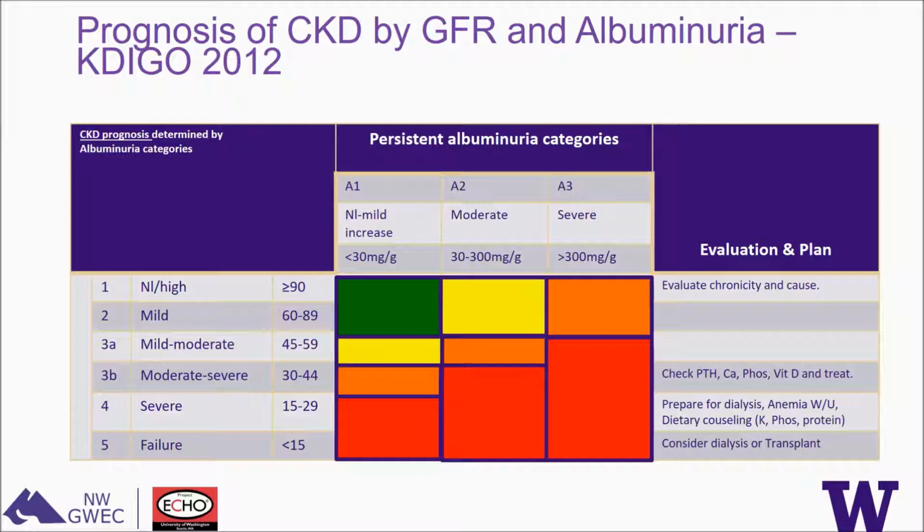This has implications for evaluation and planning. On this chart, you'll see that at stage 3B, which is GFR less than 45, this is where you start to think about bone and mineral metabolism disorders, elevated PTH and phosphorus, and what to do with vitamin D. So that's important.